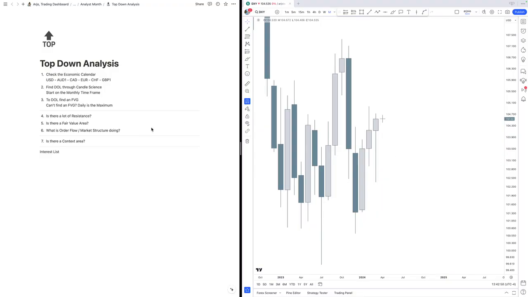Now, back in the Notion and back on TradingView as well, I have written down: check the economic calendar. I have US dollar, I have Australian dollar 1, I have Canadian dollar, euro, CHF, and GBP 1 as well. Why have I written down that 1?